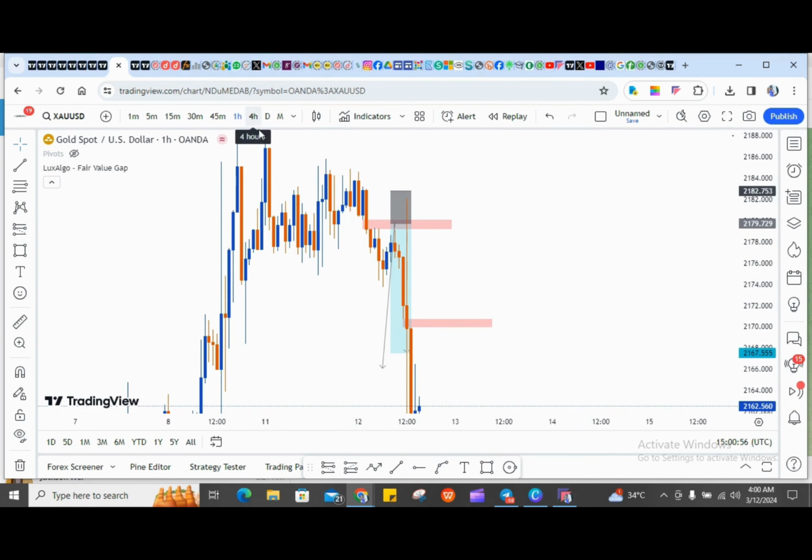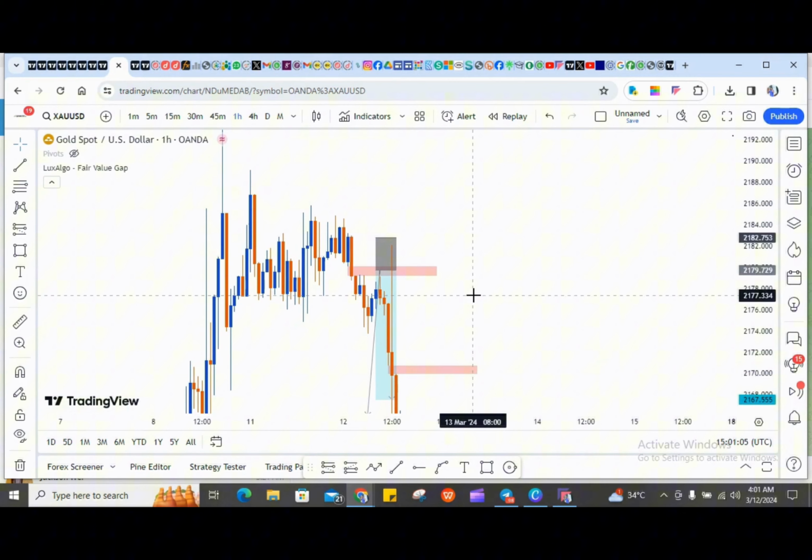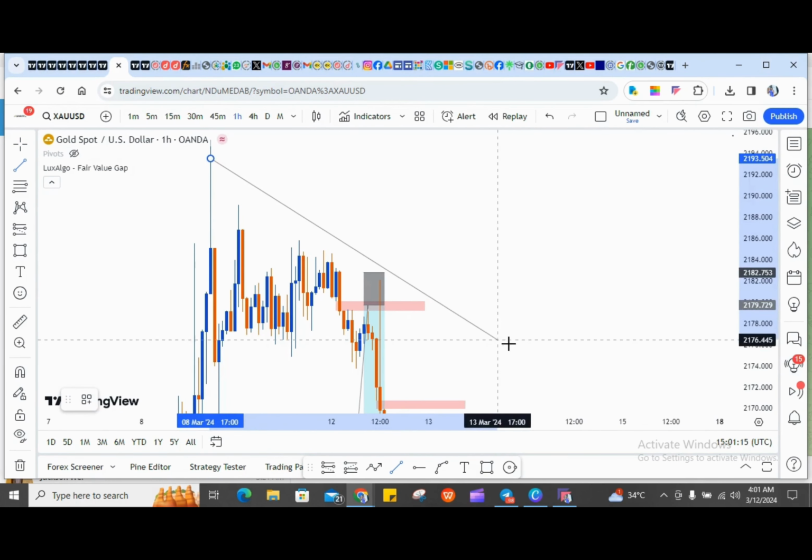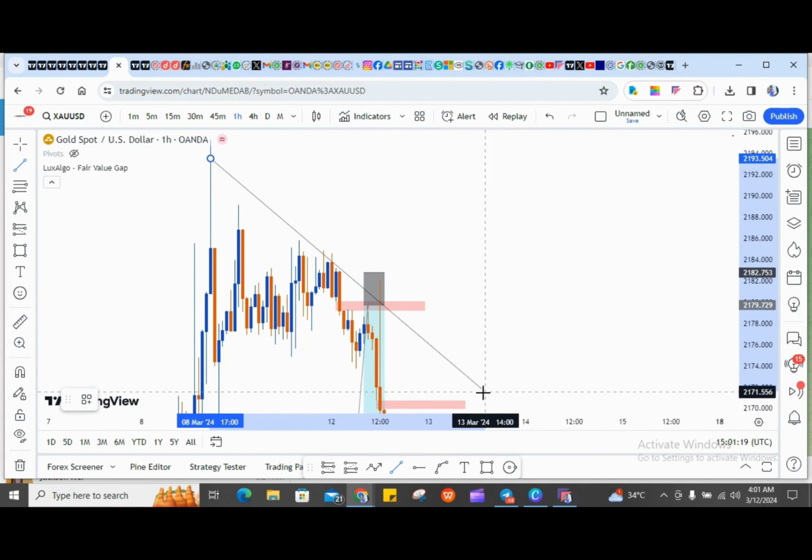On a 1 hour, switch on your fair value gap. Wherever you see a fair value gap, do you understand? You take your trade based on the direction of the market. Already the fair value gap would indicate. Do you get? Now, if we use our trend line here, although we are not using trend line for this tutorial, but let's just say we use our trend line here.